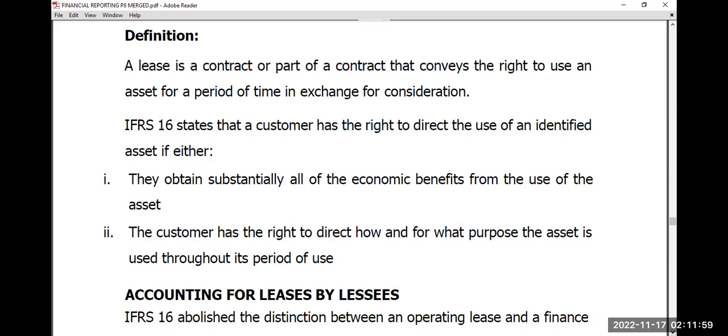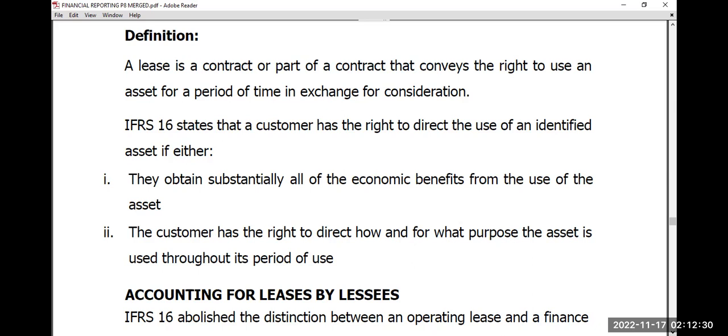Or when a lease exists, we expect that if the person has leased out some assets, for us to be sure that they have actually leased out the asset, we look at two criteria. One, we are saying that they obtain substantially all the economic benefits from the use of the asset.